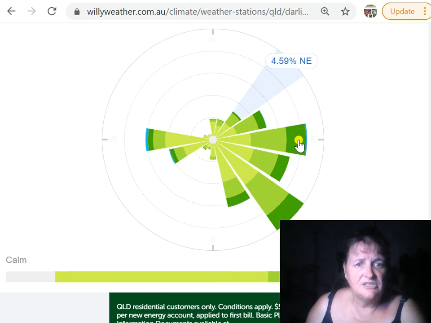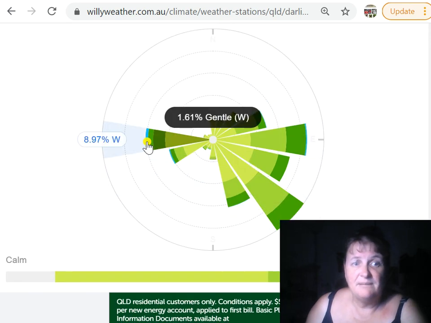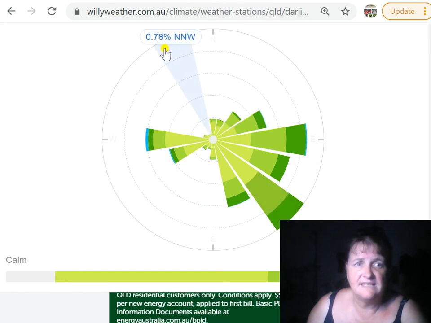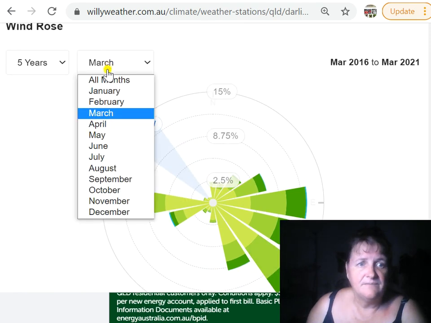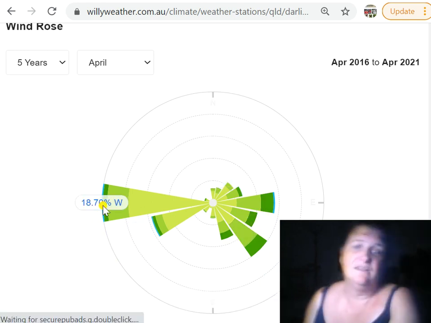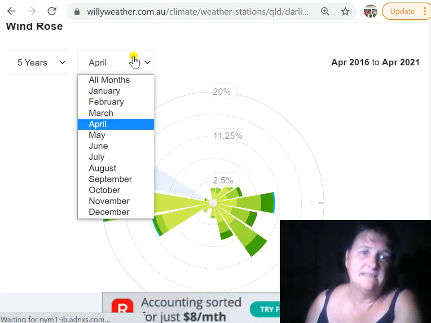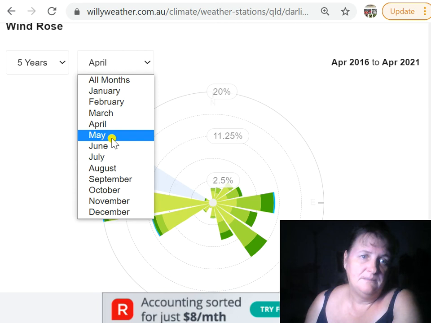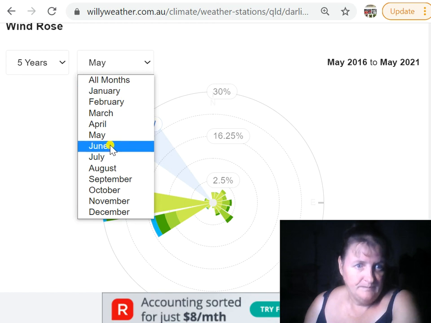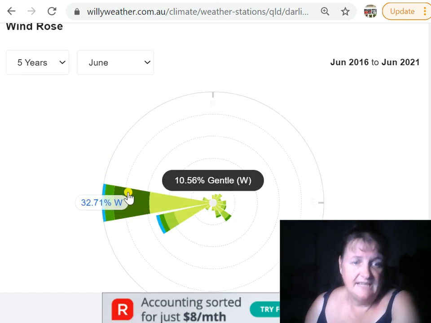Then March, we've got a little bit happening over here in the west, but mostly over in the southeast. You come into April, and you're starting to swing a lot more over to the westerlies. May is predominantly westerly. June, again, predominantly westerly.